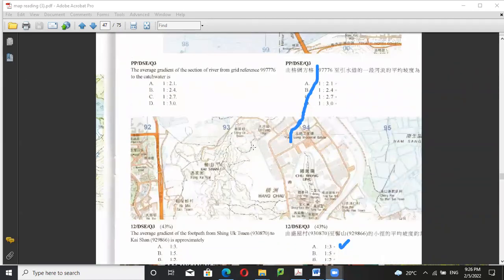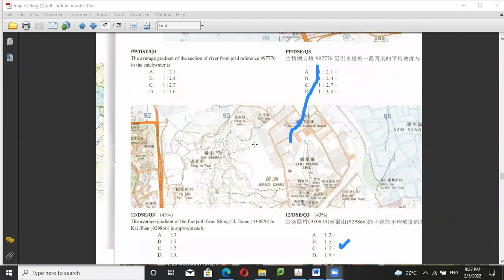For this one, from 尖屋村 to 計山, we have actually done similar things before, just for your recap. 計山 is right here, and then going to 升屋村, which is talking about this. How much is this?